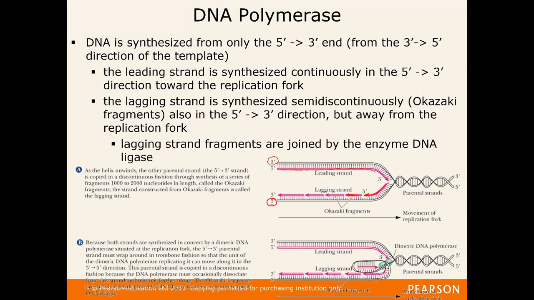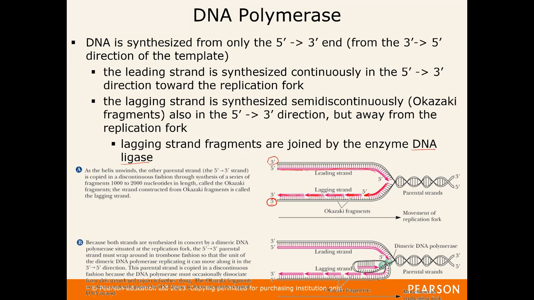And it does so in a semi-discontinuous way, meaning that it creates fragments, and these are called Okazaki fragments. They are 5' to 3', but then you have that as fragmented, and those gaps have to be filled in by a special enzyme called DNA ligase.